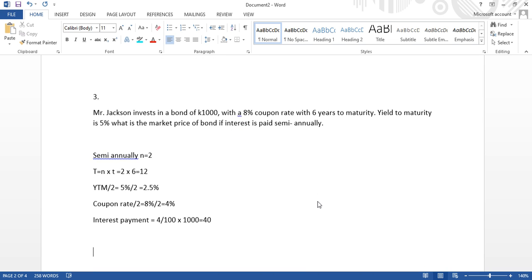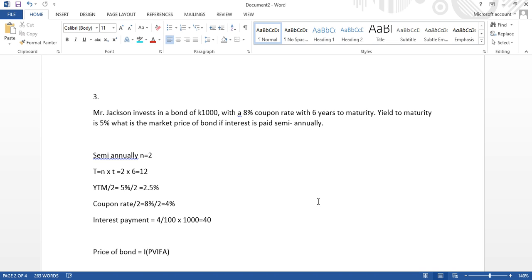Now we can find the market price of the bond. We use our formula here: the interest payment times the PVIFA, that's the annuity factor for interest payments. Remember, here we're trying to convert these future payments into present value.